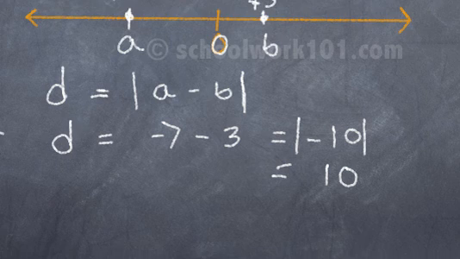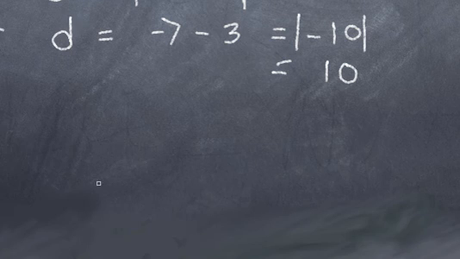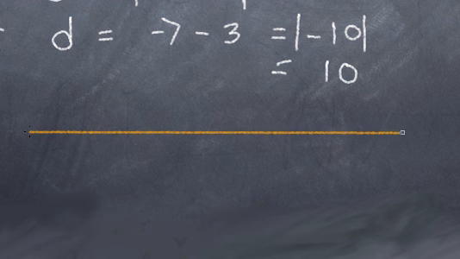Let me sketch out the number line again. So we're talking about the directed distance now. Let's say, for example, I pick a point here.